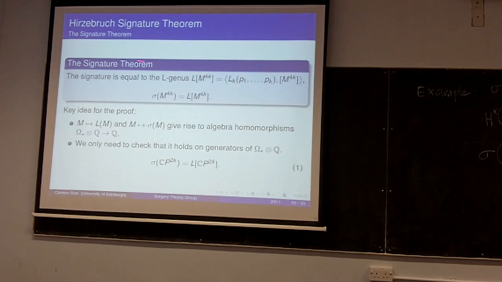So to prove the signature theorem, we just have to be sure that this holds. And this can be even simpler, because we already know that the signature of complex projective space is just 1. So what we have to show is that the L genus of complex projective space is 1. So now comes the hard work.